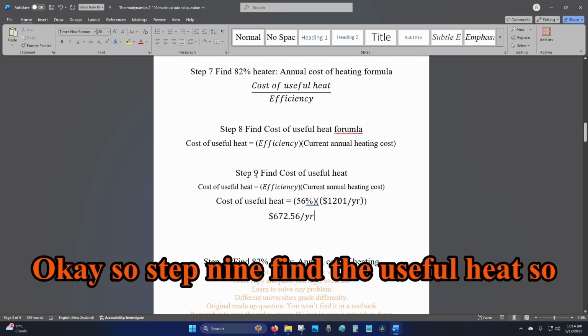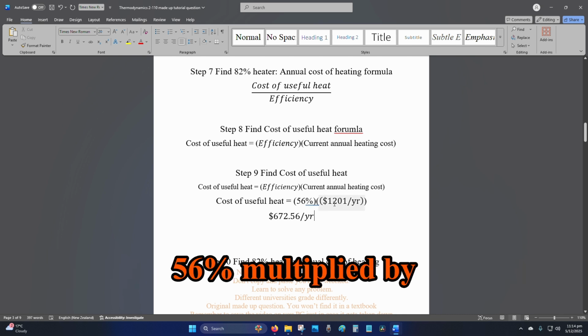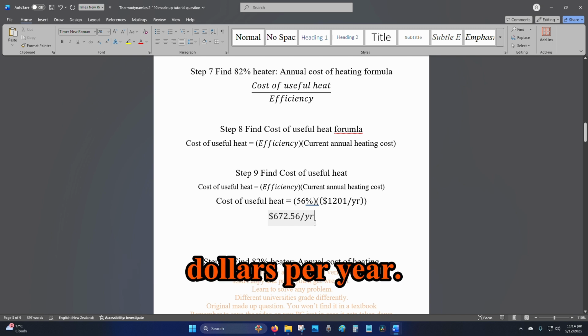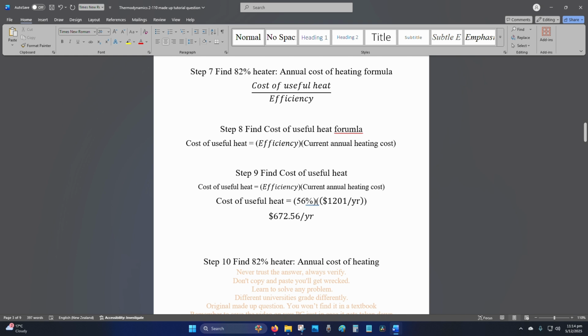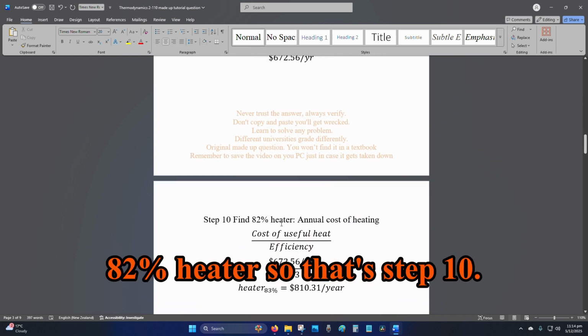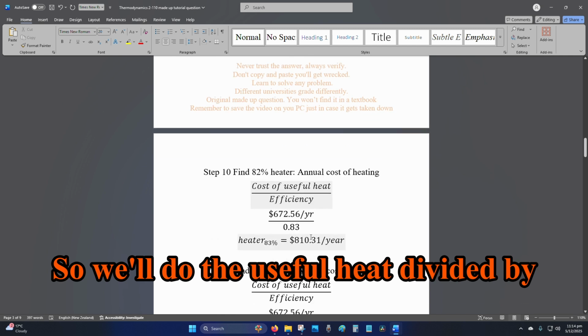Okay, so step 9, find the useful heat. So 56% multiplied by $1,201 per year. That's $672.56 per year. We backtrack to find the 82% heater, so that's step 10.